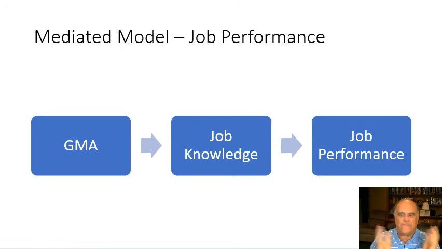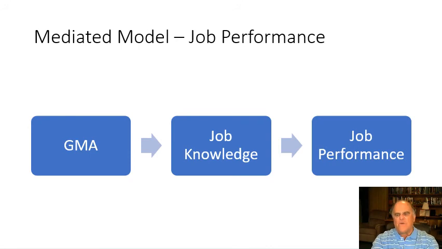So this would be a famous mediated model of job performance. General mental ability or intelligence leads to increased job knowledge, and increased job knowledge leads to increased or better job performance. So whereas general mental ability leads to job performance, it does that through the mediator of job knowledge.